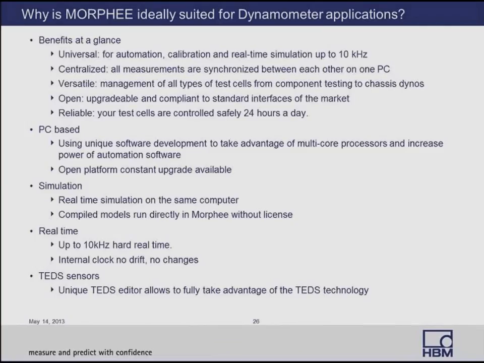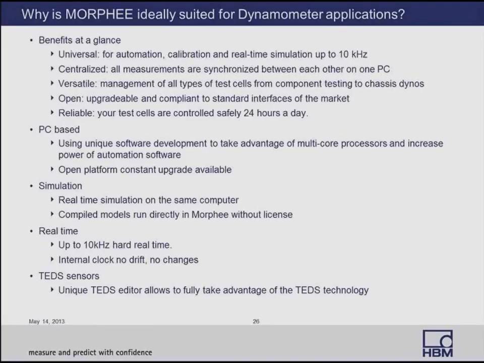You can use simulation directly on the Morphee computer, and you can use a compiled model, which means you don't need to have all the licenses for your simulation tools on the Morphee computer. So you can use your models real-time without the cost of all the licenses.